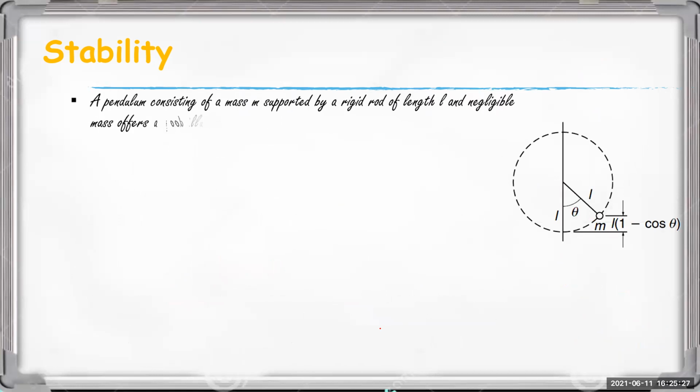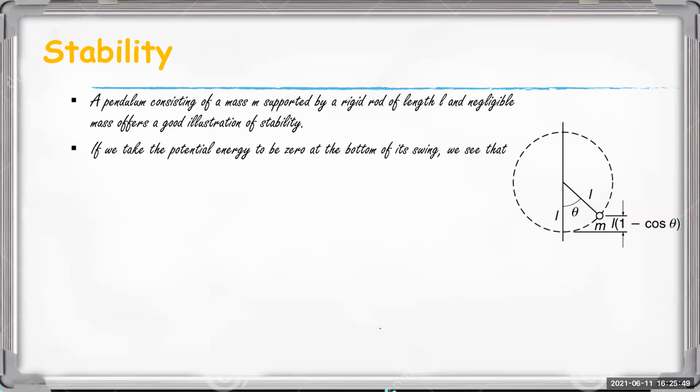Here we consider the case of a simple pendulum to analyze the stability. A pendulum consists of a mass m supported by a rigid rod of length L and negligible mass, and offers a good illustration of stability.